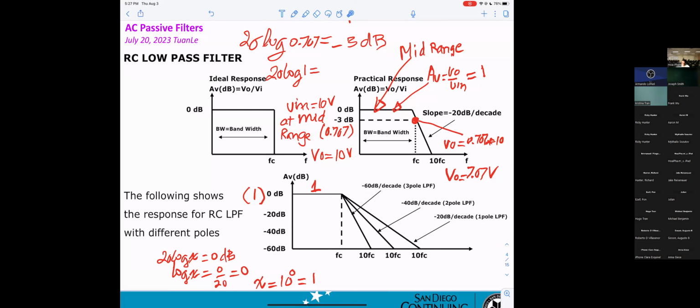First thing is, we want 60 dB. How come? After the cutoff, we want the output reduced quickly. This one takes a little longer, so it is not good.